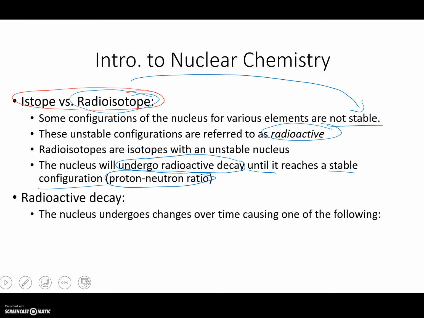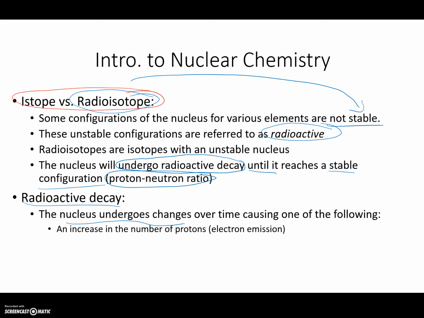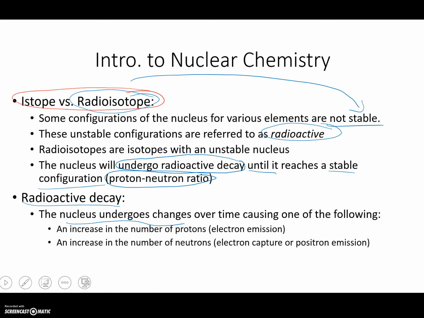All right. So radioactive decay is when the nucleus undergoes changes. And that can look like lots of different things, right? It can cause an increase in the number of protons. It can increase the number of neutrons. Or it can just decrease the overall size of the nucleus. And we're going to talk about each of those three processes individually as we go.